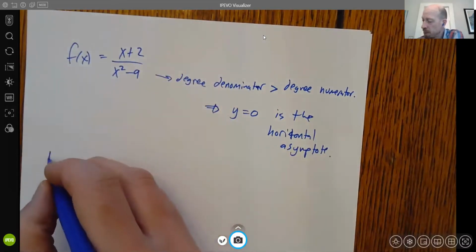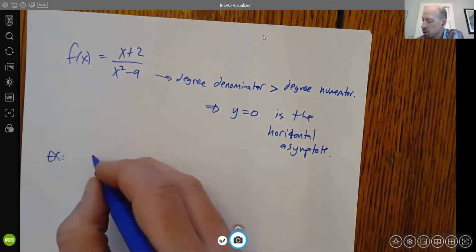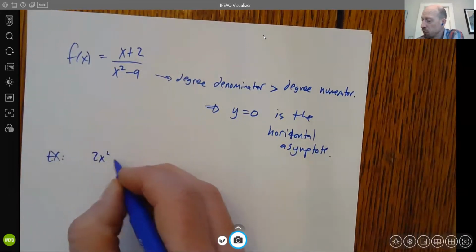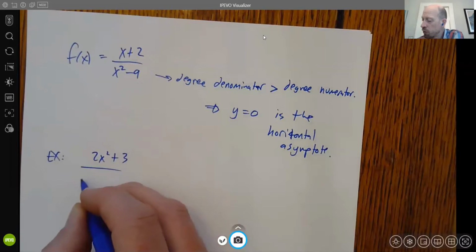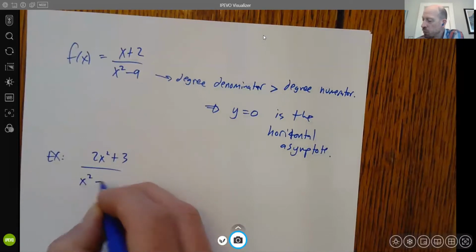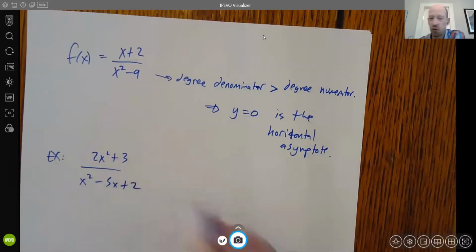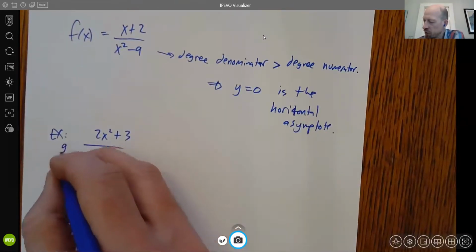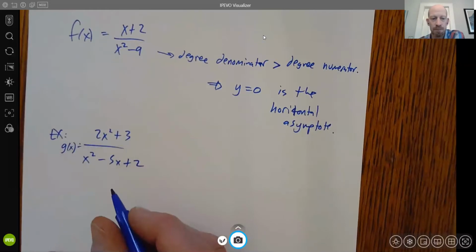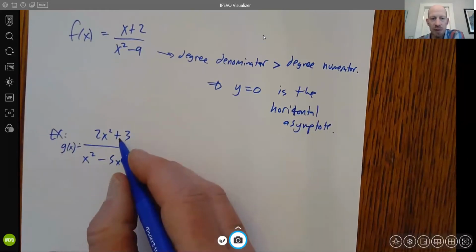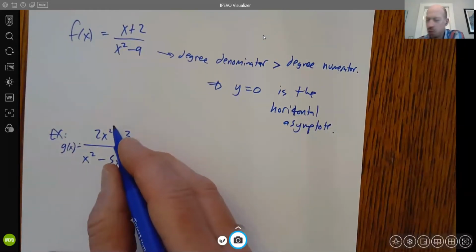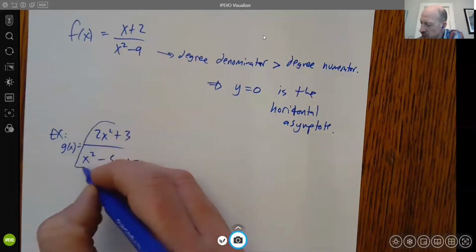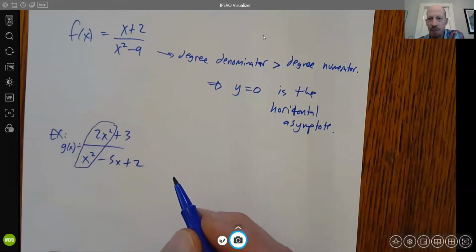If you have 2x squared plus 3 over x squared minus 5x plus 2, this is your function, call it g of x. We again want to compare the degrees, and what you can see is that the degrees here are equal between the top and the bottom.